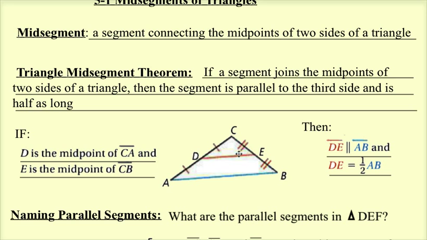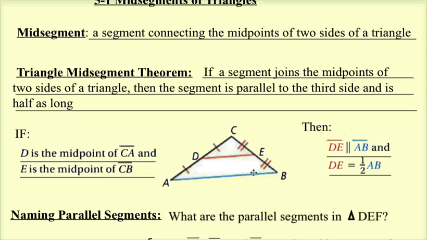So that's my triangle midsegment theorem. D is the midpoint of CA, E is the midpoint of BC, therefore DE is parallel to AB, so that segment is parallel to the third side and it's half as long as the third side. DE is going to be half of AB, so we'll be able to do some algebraic problems with that.